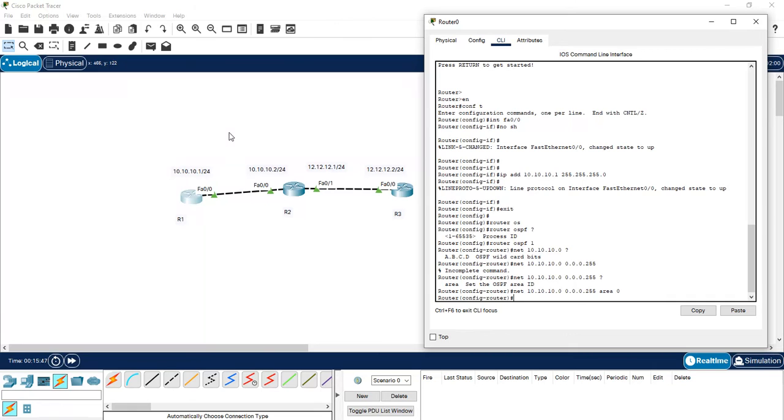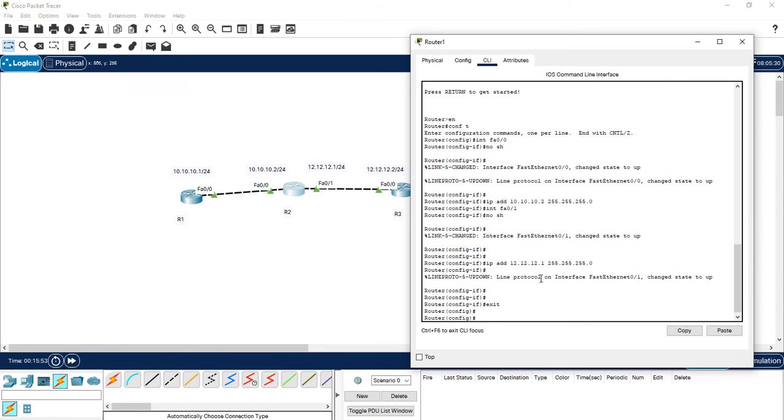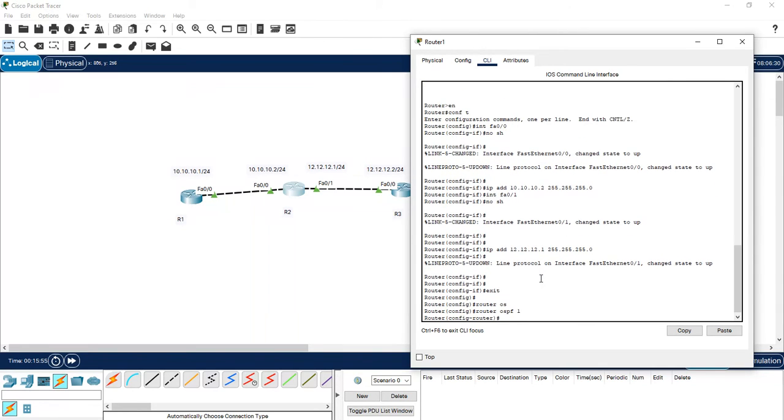So we move to router 2. The router 2 is the same. We enter the router OSPF mode. The next one is we put the network 10.0, then the wildcard is the same, 0.255.